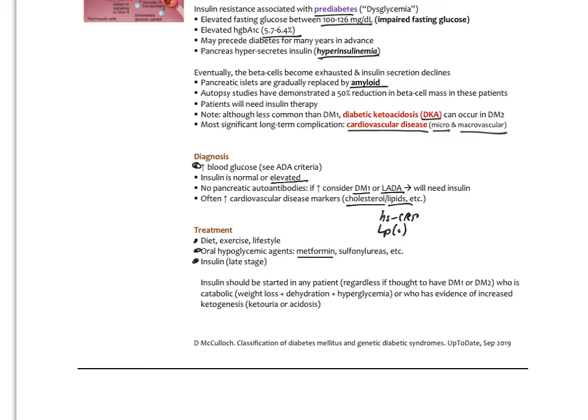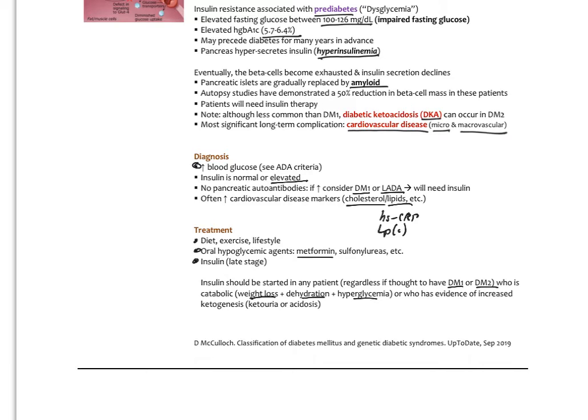The insulin should be started in any patient, regardless if we think they have type 2 or type 1, who is in a catabolic kind of cachexic state, so with weight loss, dehydration, hyperglycemia, or who has evidence of increased ketogenesis, so ketonuria or acidosis.